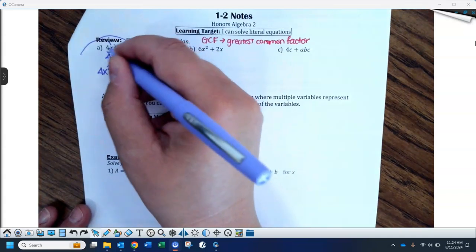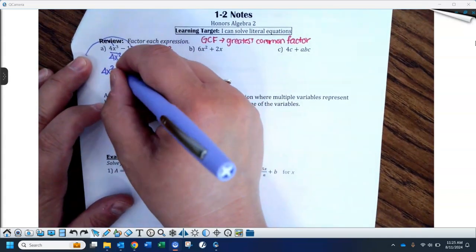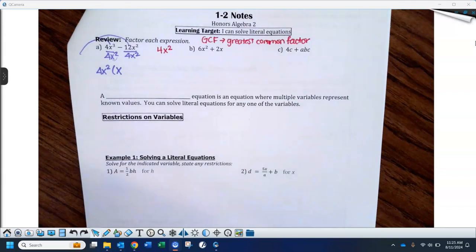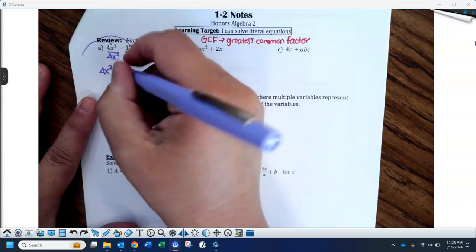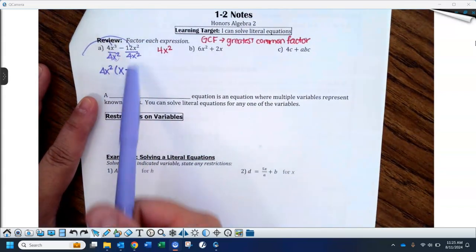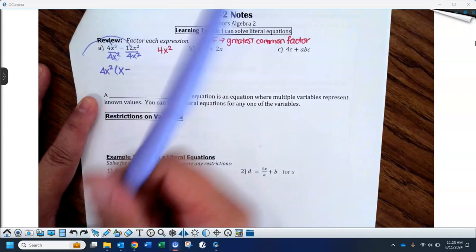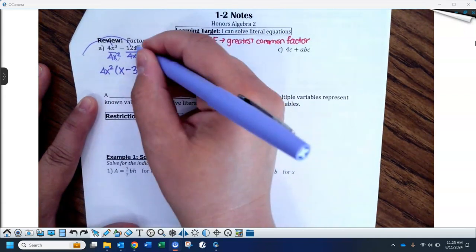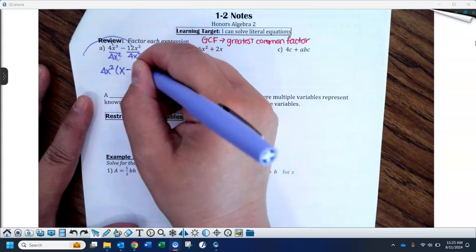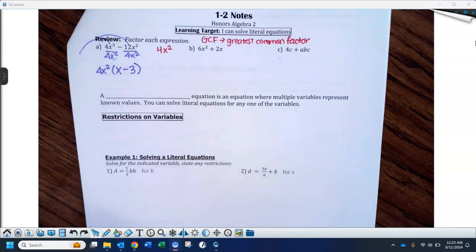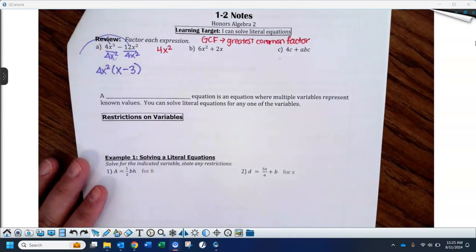And I'm going to take 2x squareds out of 3, so we would still have 1x left over. And we'll just keep the subtraction in between. Now 12 divided by 4, that's 3. And then x squared divided by x squared would become 1, and so the factored form of that expression would be 4x squared times the quantity x minus 3.